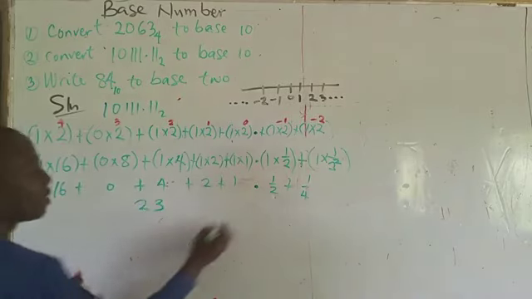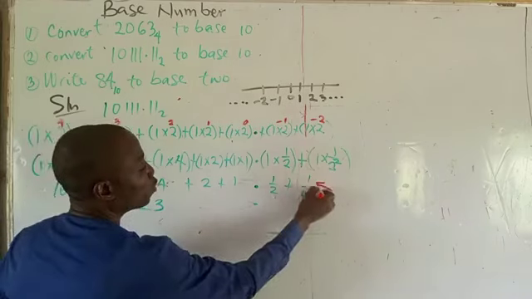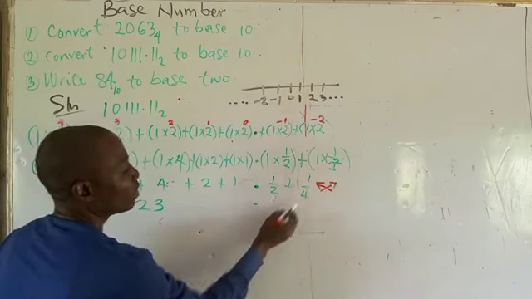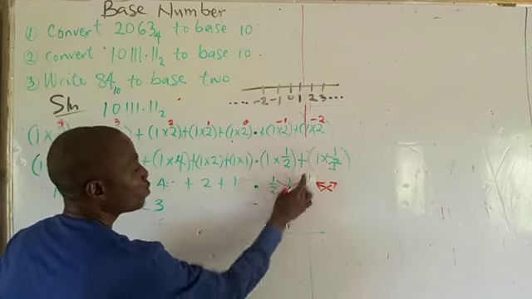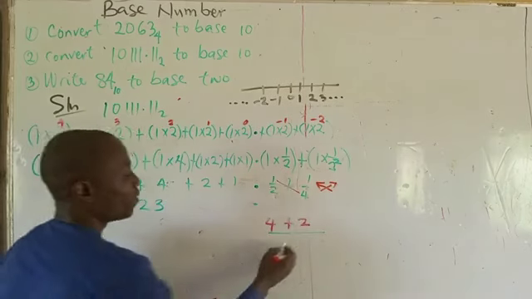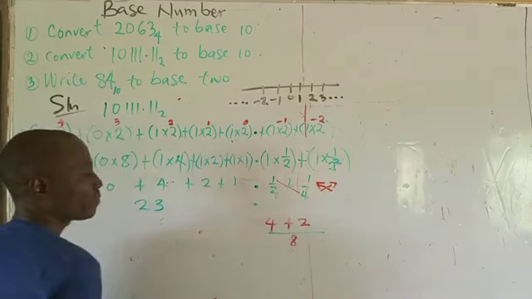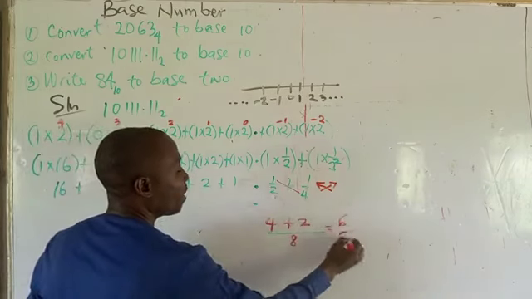On this side we have 23 plus, what do you do here? Just draw a line and cross multiply. You see? 4 multiplying 1, what do you have? 4. Plus 2 multiplying 1, you have 2. And 2 times 4, you have 8. You see? Now 4 plus 2, which is 6, over 8.